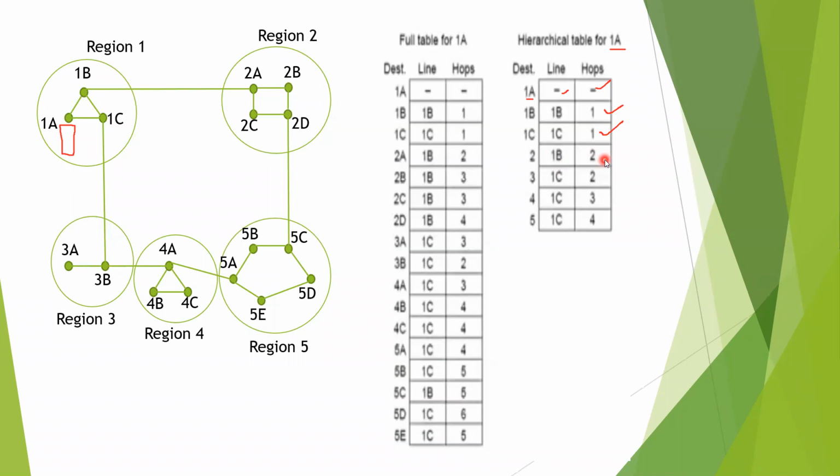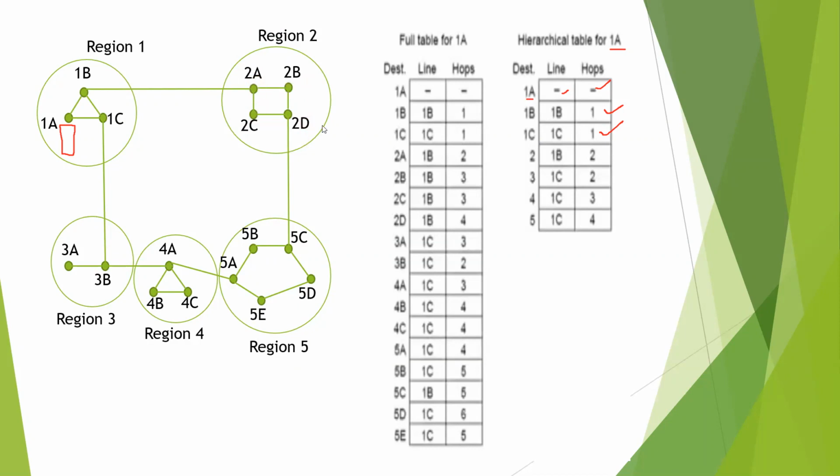We will be taking only 2 hops. Later on, when it reaches here, router 2A will decide the IP prefix and send it to the destination present in region 2, because 2A contains the information regarding 2B, 2C, and 2D.